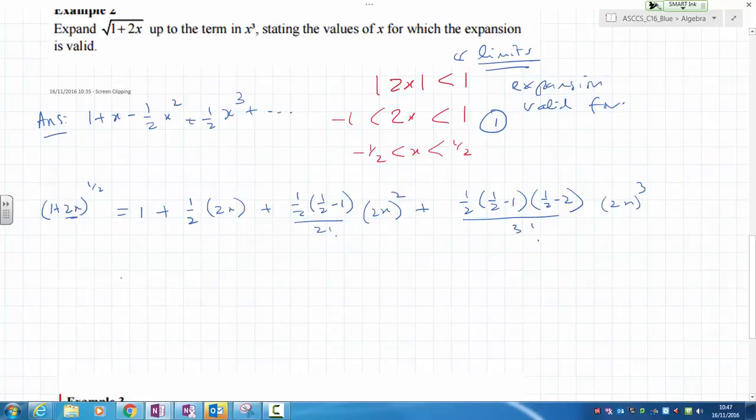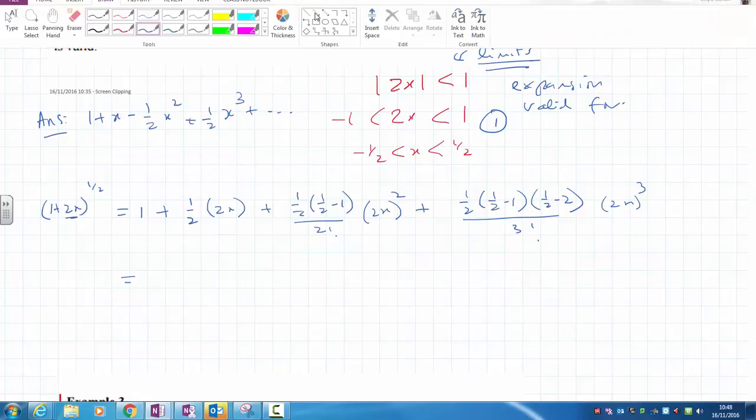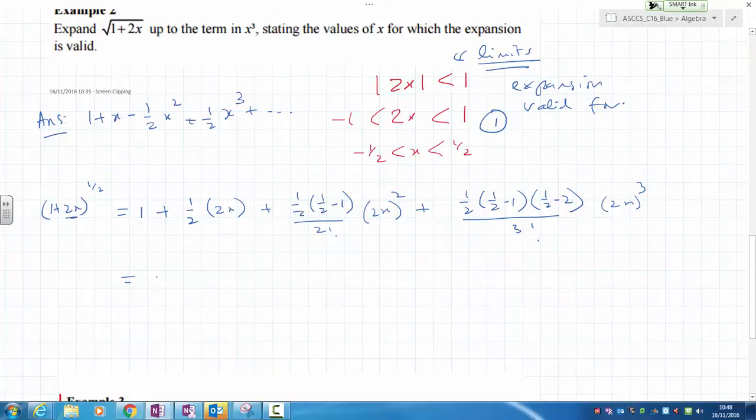And if you tidy that up, remember, these parts here, that becomes 2x. This part here is 4x squared. And this part here is 8x cubed.